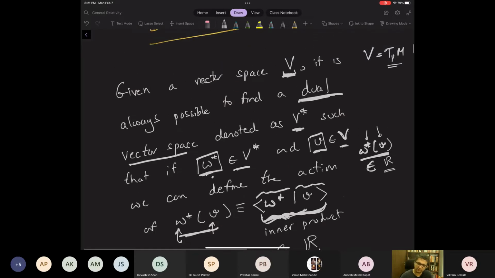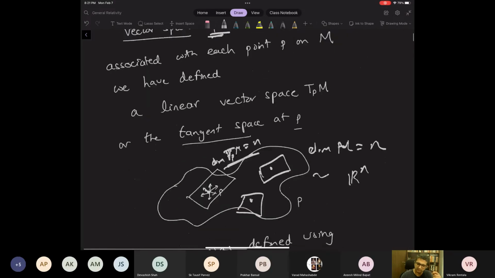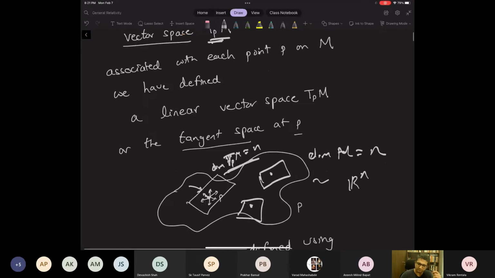That's what we're going to exploit, and we're going to use this to define a dual vector space to TPM. Which means you take the tangent vector space at the point P. Then associated with this point P, we define a dual vector space, which we will denote as TP star M. Again, this new vector space, this dual vector space, is also associated with a specific point.